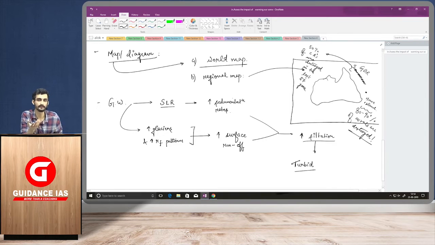This turbid water will clog the pores of our coral reefs and they will suffocate, as a result of which the zooxanthellae algae will come out of the coral polyps and will lead to coral bleaching.